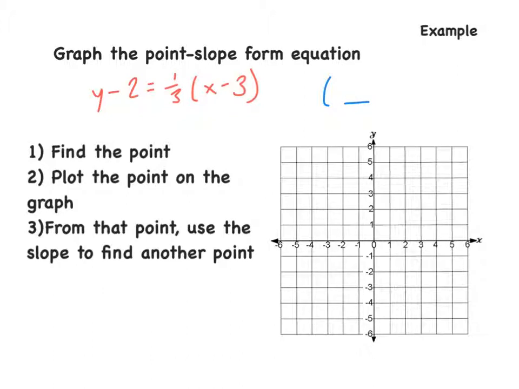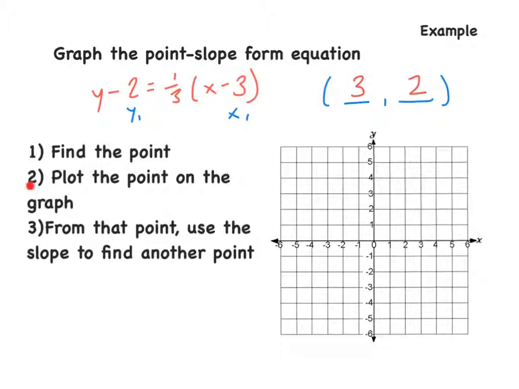Remember, it's (x, y). So our x is 3, and our y is 2. This is what our point is. Remember, we got it from our x1, and this is our y1.